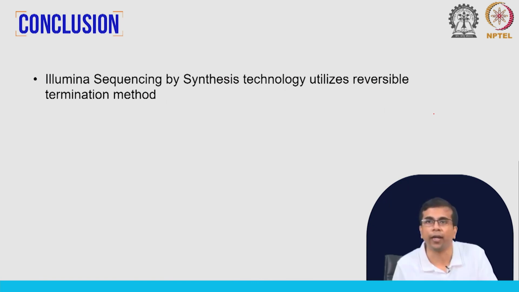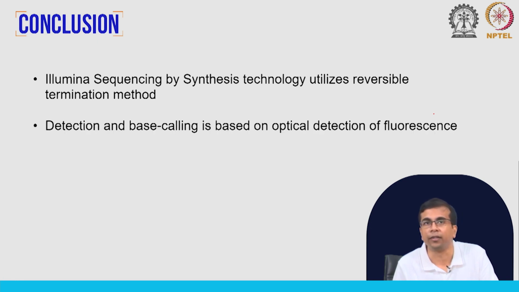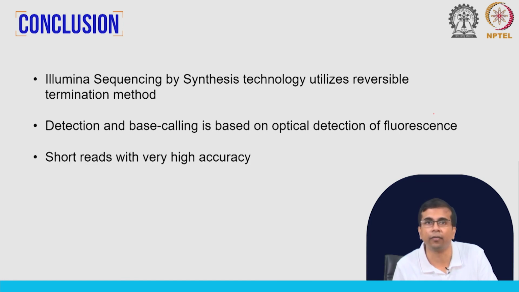To summarize, we have seen that Illumina sequencing utilizes the sequencing by synthesis method and is based on reversible termination technology. This allows for very accurate sequencing, and here the base calling and detection is based on optical detection of the fluorescent signal, and again this chemistry is evolving with time.